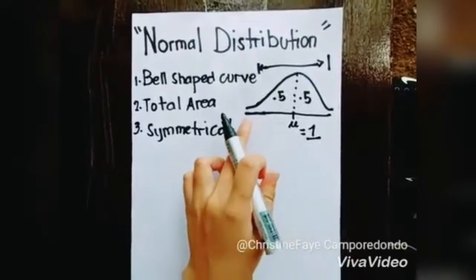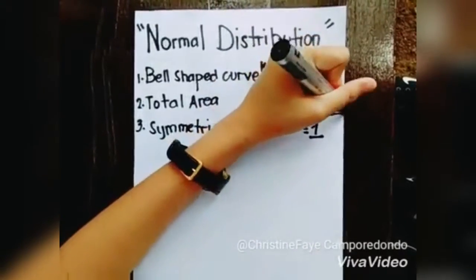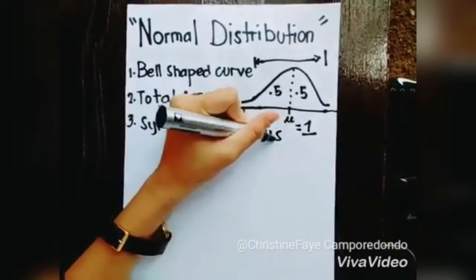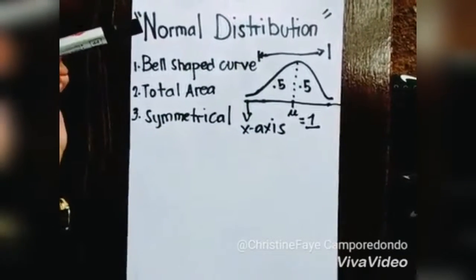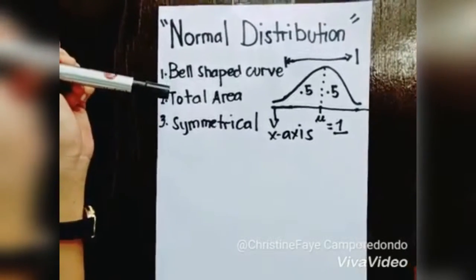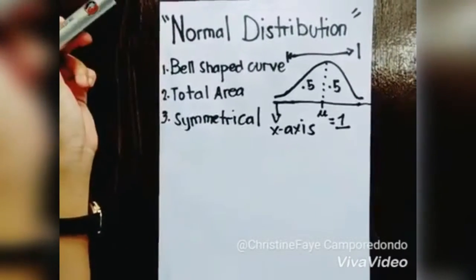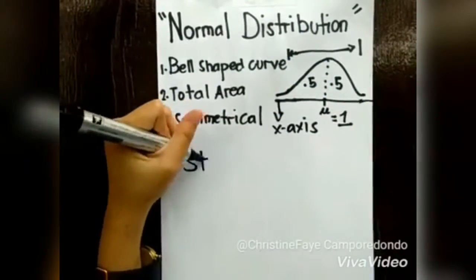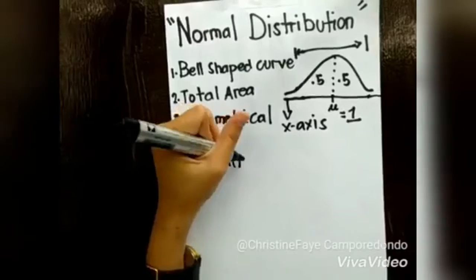The bell-shaped curve doesn't touch the x-axis, and this line is the x-axis. So those three things should come to your mind when you hear the word normal distribution: the bell-shaped curve, total area, and symmetrical. Now let's talk about standard normal distribution.